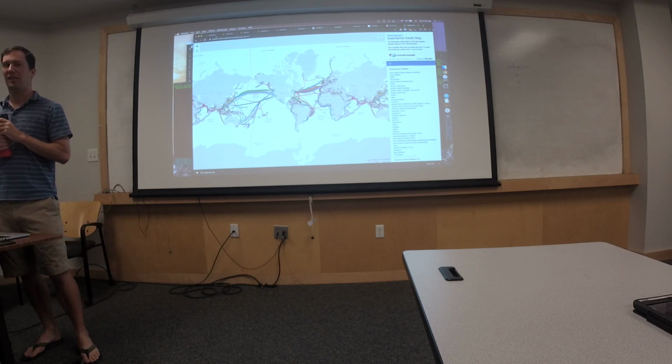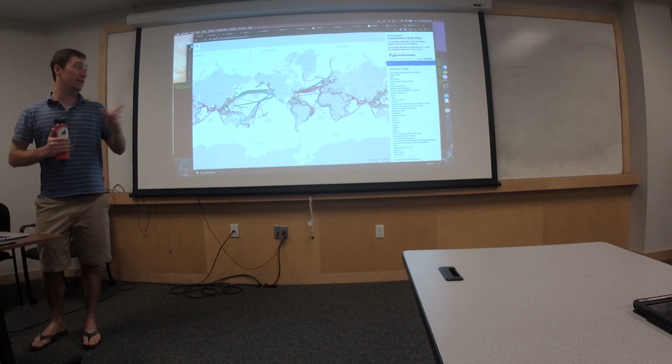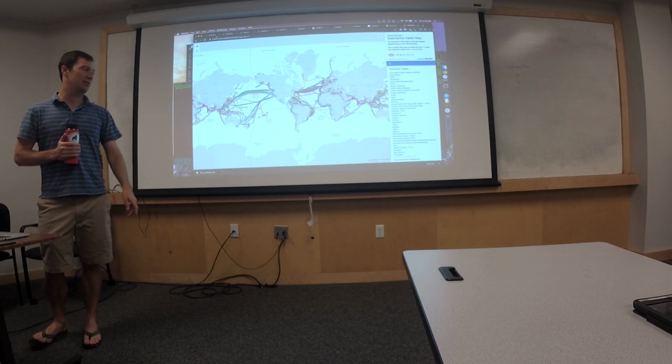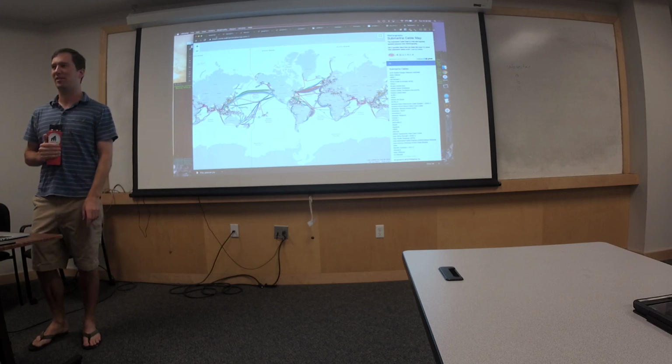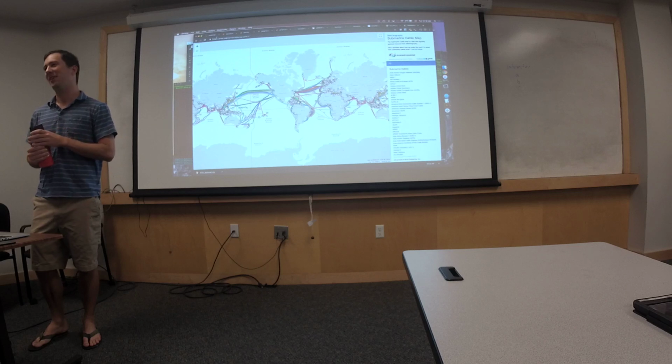The first thing we need to do is get access to data, so that we can actually play with this stuff. It turns out that this is an open source project, and all their data is open source.